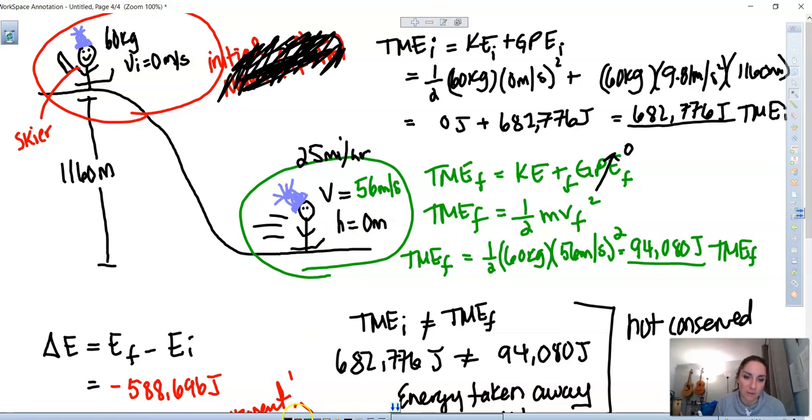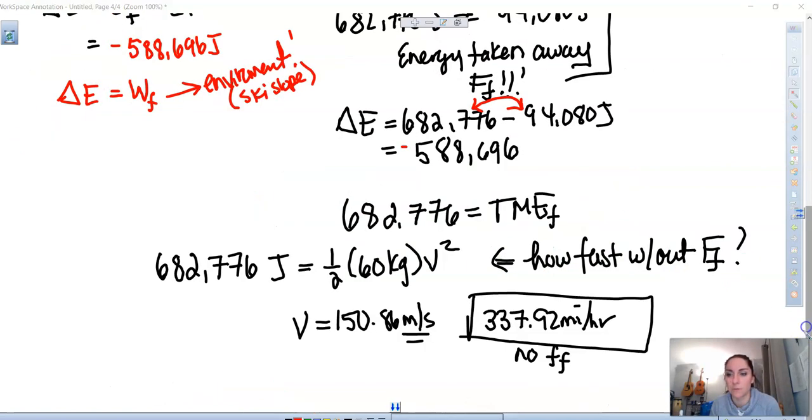Yes, I did that wrong. I am so sorry. I knew that was large. This should have been 11, which changes this number, but that's okay. The calculation's still the same, and you still lose a ton of energy when you do that.